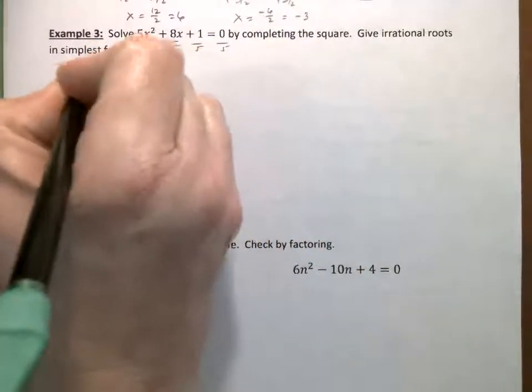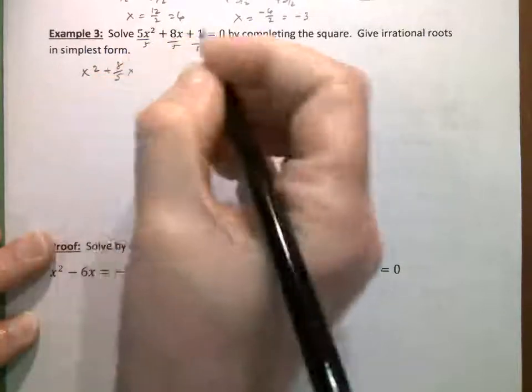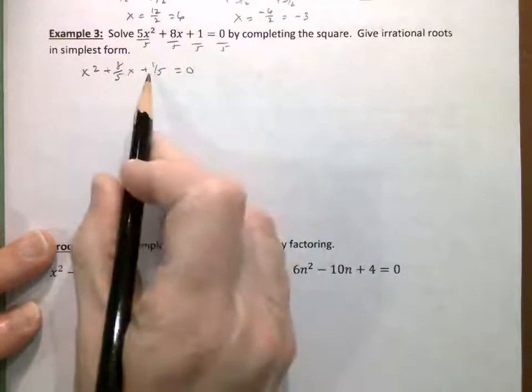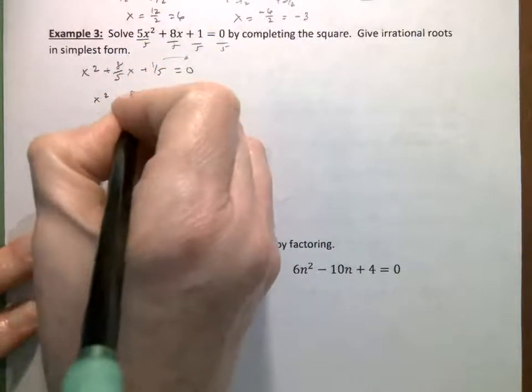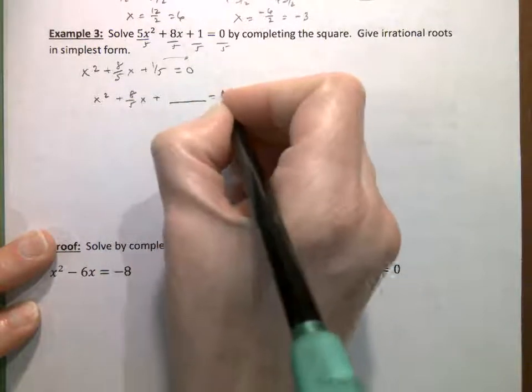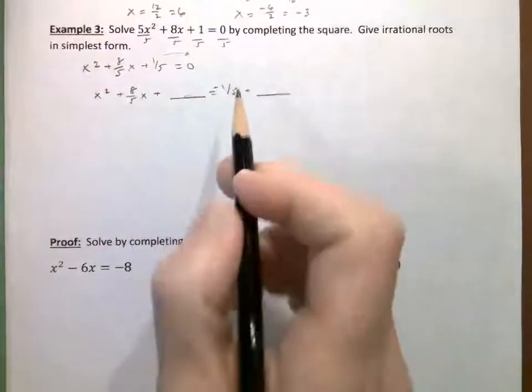So that's going to give me x squared plus 8/5 x plus 1/5 equals 0. Okay, I'm then going to move this to the other side. So I'm going to have x squared plus 8/5 x plus whatever, and it's always plus, equals negative 1/5 plus whatever. Okay, and these two whatevers are the same.